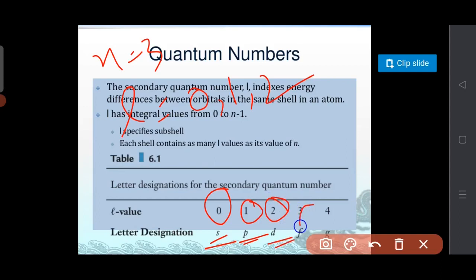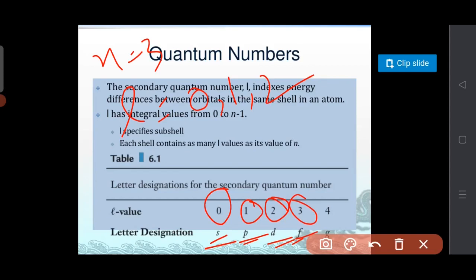If it is 3, that means it is indicating the f orbital, and 4 is indicating the g orbital. So the azimuthal quantum number 0 means s orbital, 1 means p orbital, 2 d orbital, 3 f orbital and 4 g orbital.